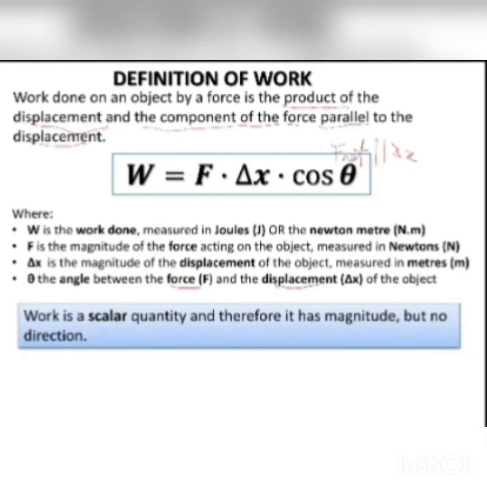What is important to note again is that work is a scalar quantity, and a scalar quantity basically only has a magnitude but no direction. So whenever you're calculating work, remember we are dealing with energy. Energy does not have any direction, but it has a magnitude including its SI units, which in this case for work are joules or newton meters.